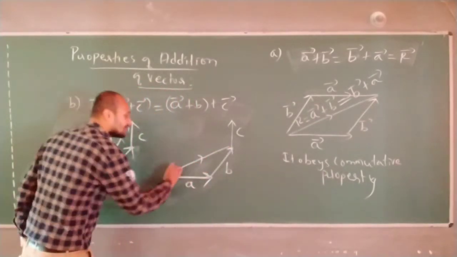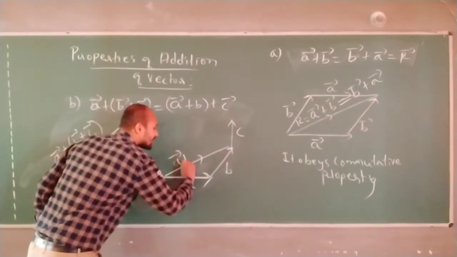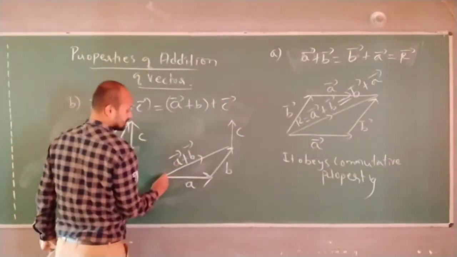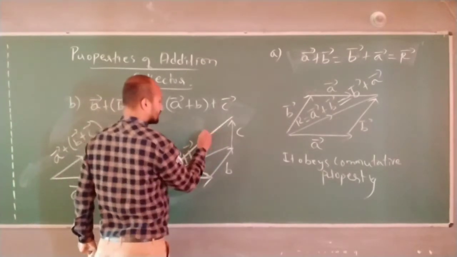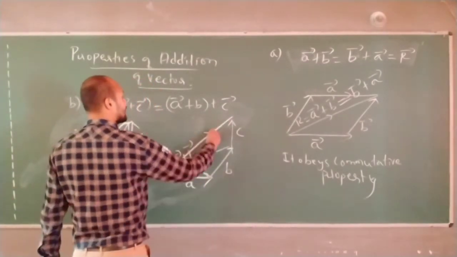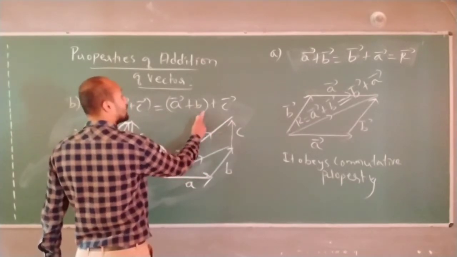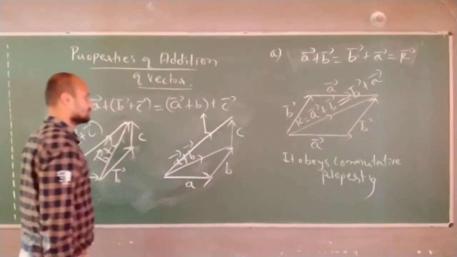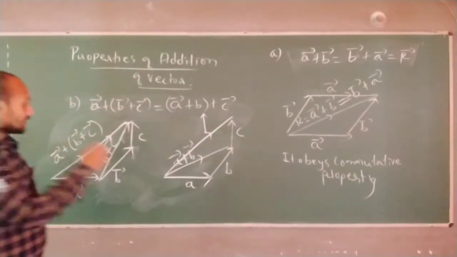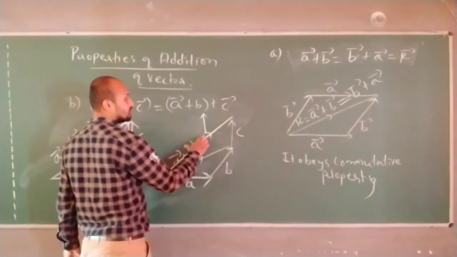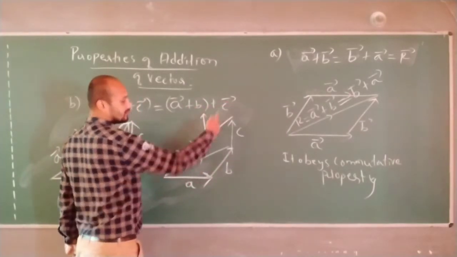This is vector A plus vector B. Now this vector plus this vector, the resultant will be this vector. Now what is this vector? This vector is vector of A plus B plus C. Yes or no? This vector is A plus B. This vector is C. This will be vector A plus B plus C.